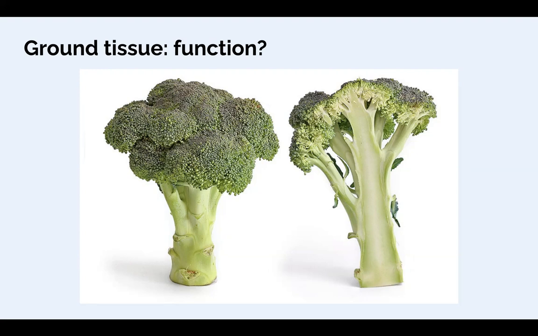My example here is broccoli. This is one of our vegetables, so vegetative tissue. A lot of what you're getting when you eat broccoli is this filler tissue in the stem. What is it? Well, it's just plant stem structure. People have bred these plants to have bigger, fatter stem structure.